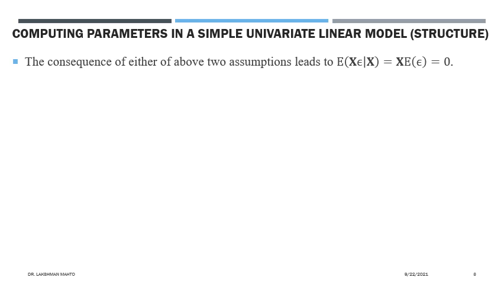The consequence of either of assumptions 2, 3 or 4 is the independent nature, or uncorrelation, between the attribute X and the disturbance epsilon. So we always have to take that when we are defining a linear model this way.